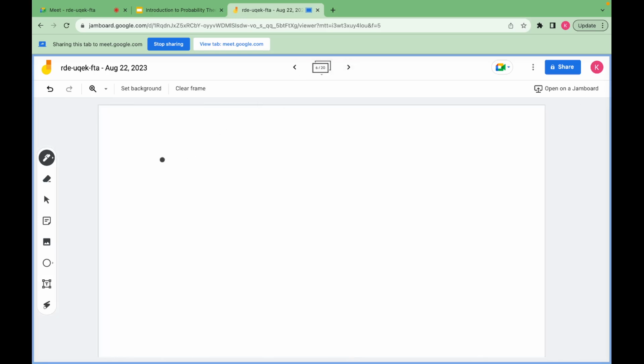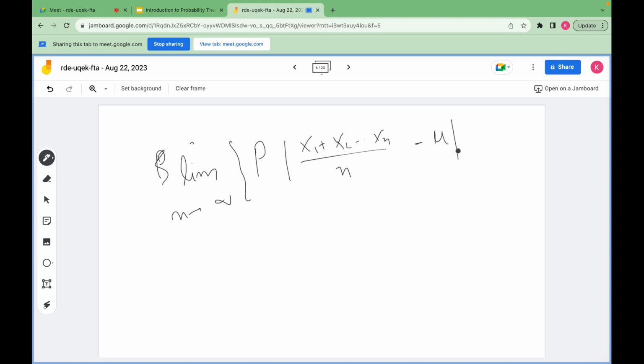Also, when the limit n tends to infinity, the probability of the sum of this sequence minus mu being greater than epsilon is equal to 0.